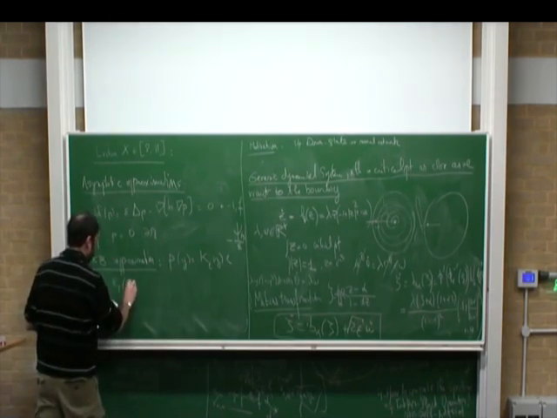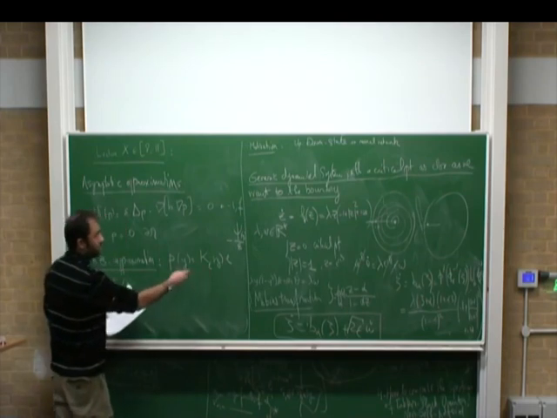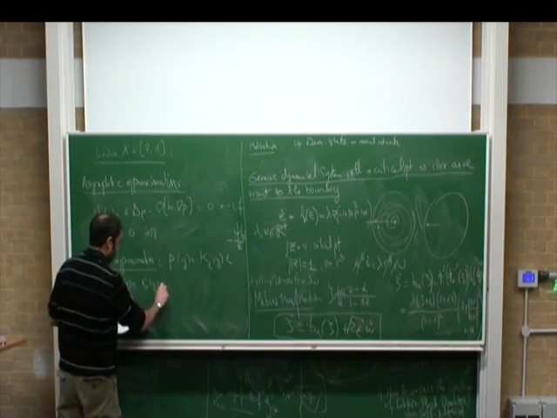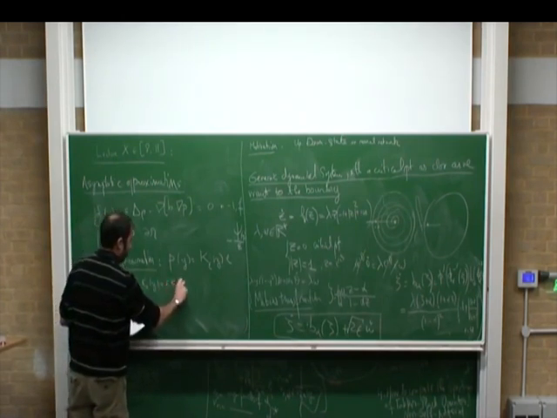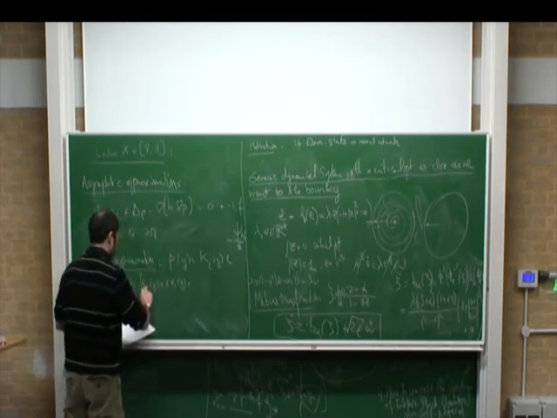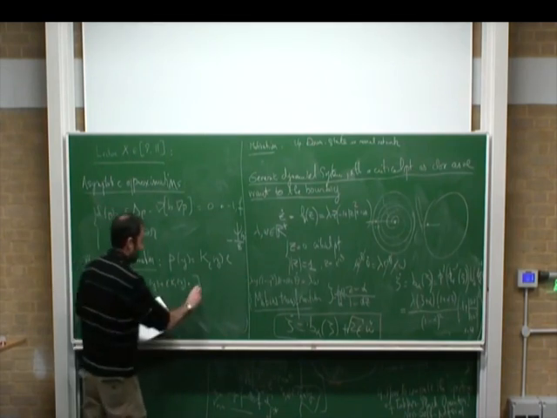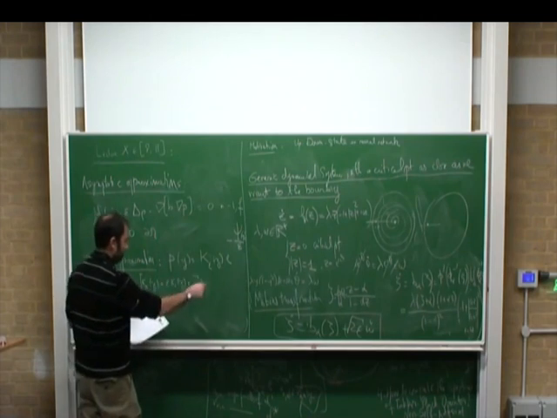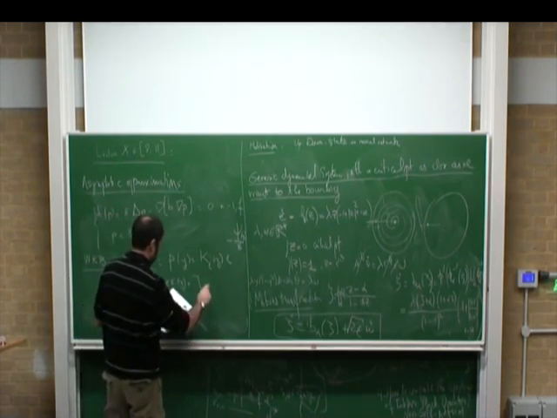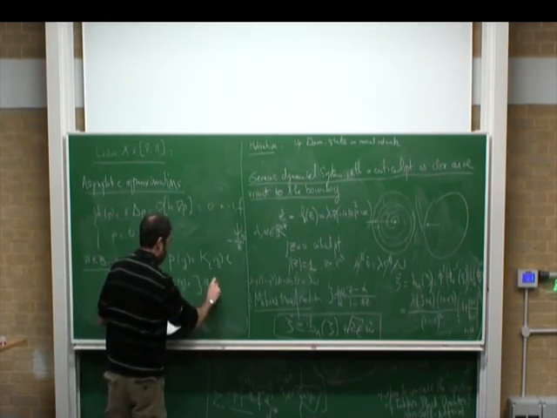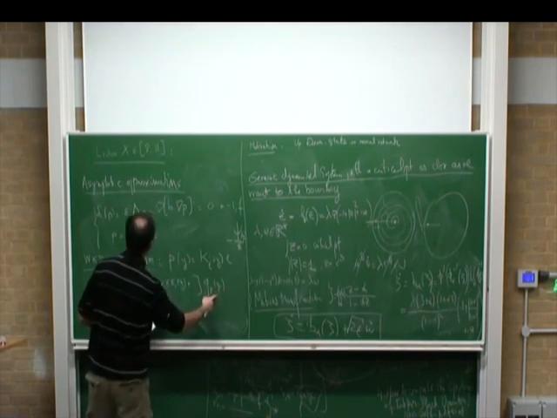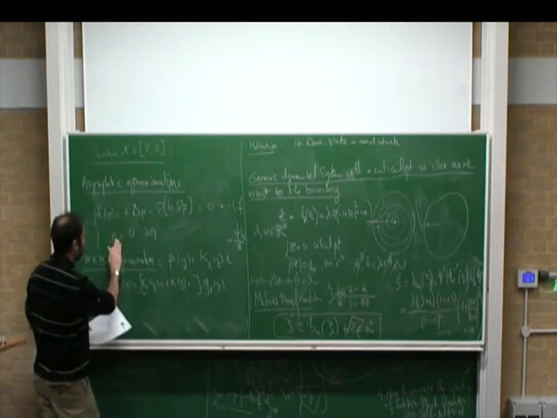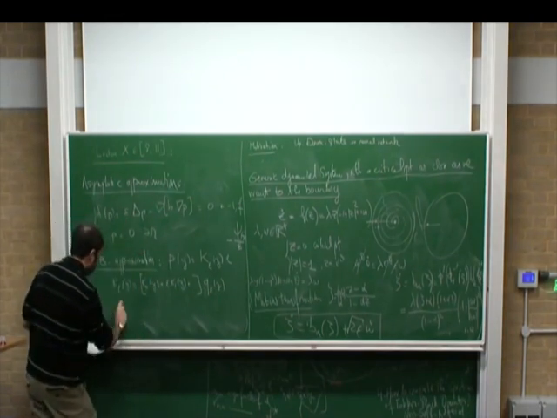K epsilon of y, if we can expand using a regular expansion in epsilon, can be expanded like K0 of y plus epsilon K1 of y plus something like this, plus a series that is going to be quadratic and cubic in epsilon, multiplied by a boundary layer term, which is the solution that will be able to match this P equals 0.